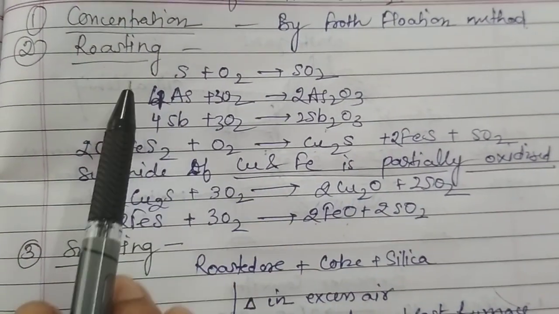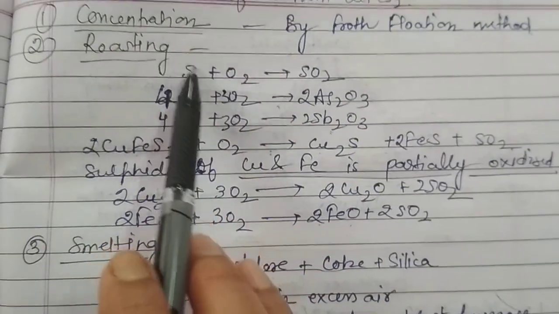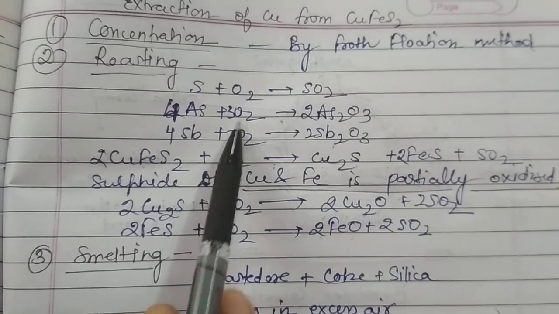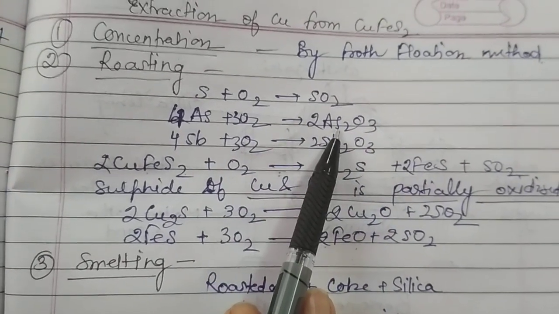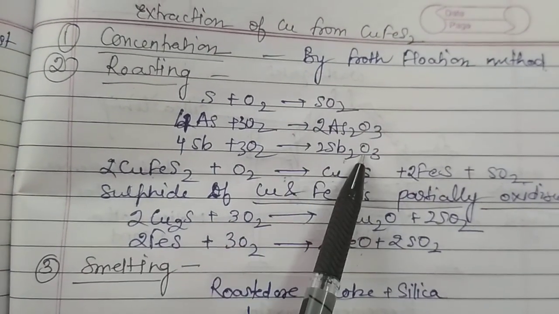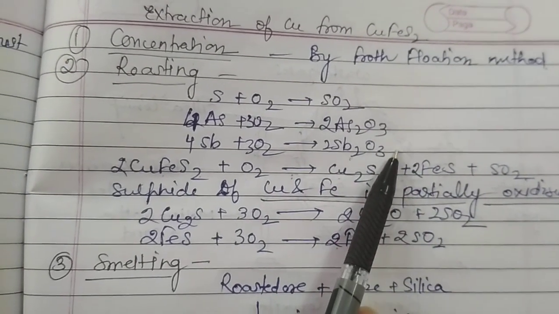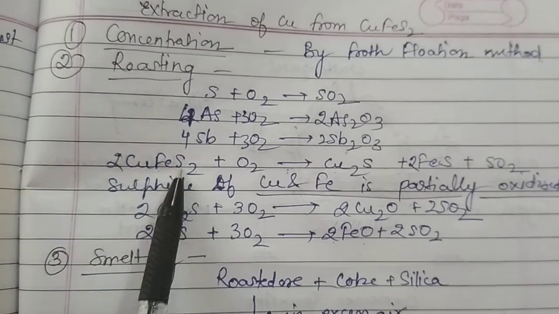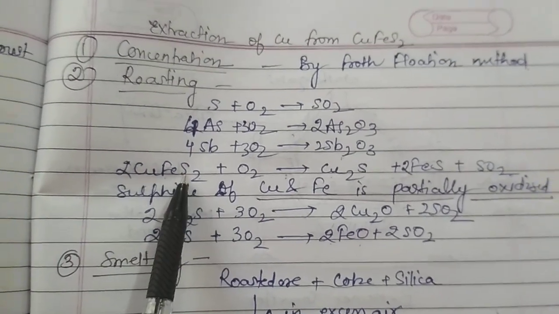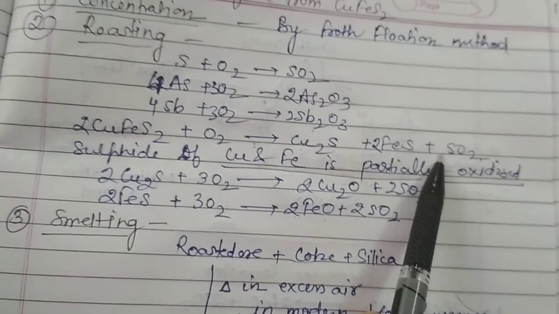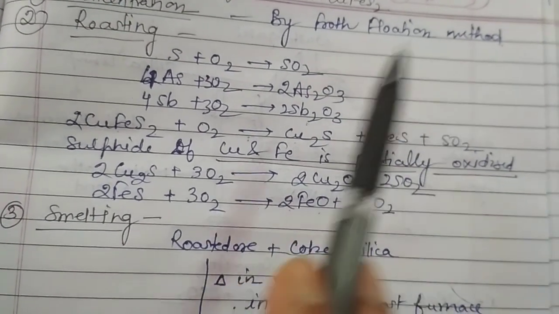During roasting, sulfur, arsenic and antimony are oxidized to sulfur dioxide, arsenic oxide and antimony oxide, and being volatile, they escape and are removed. In a similar manner, the copper pyrite ore is oxidized to give copper sulfide and iron sulfide, and sulfur dioxide escapes.